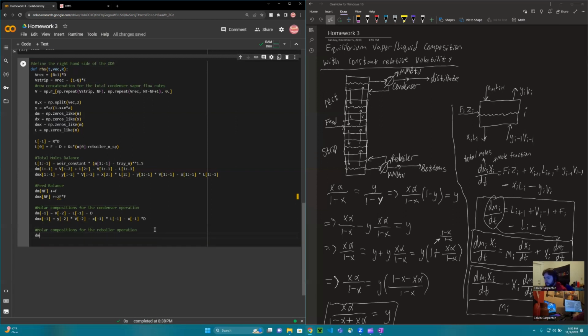That's going to start with dm of 0 equal to L of 1 minus V of 0 minus L of 0, and then dmx of 0 equal to x of 1 times L of 1 minus y of 0 times v of 0 minus x of 0 times L of 0.